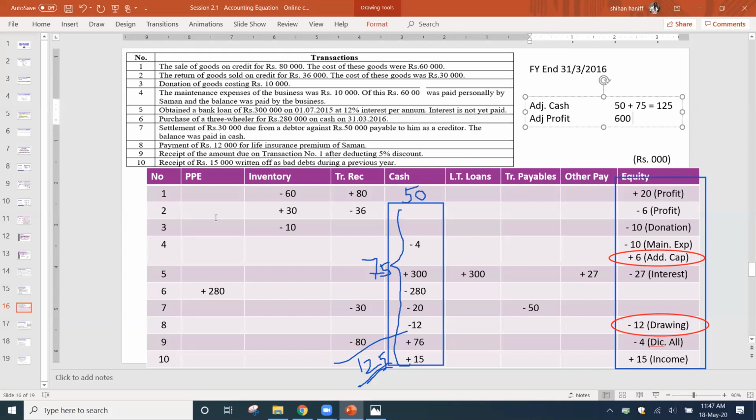Donation is an expense. So many answers: 574, 614, 554, 570.